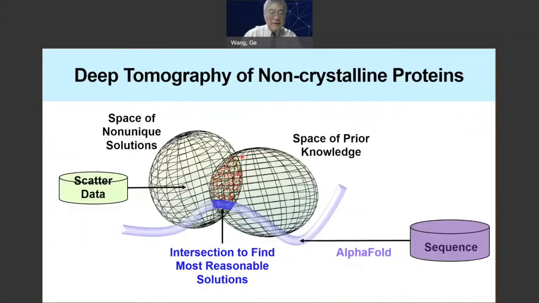So along this direction, we believe we could combine scatter data-based reconstruction and sparsity-based reconstruction, and also the prior knowledge derived from AlphaFold, so we can get this intersection, and we can do state-of-the-art non-crystalline protein reconstruction. So this is a biological sample.